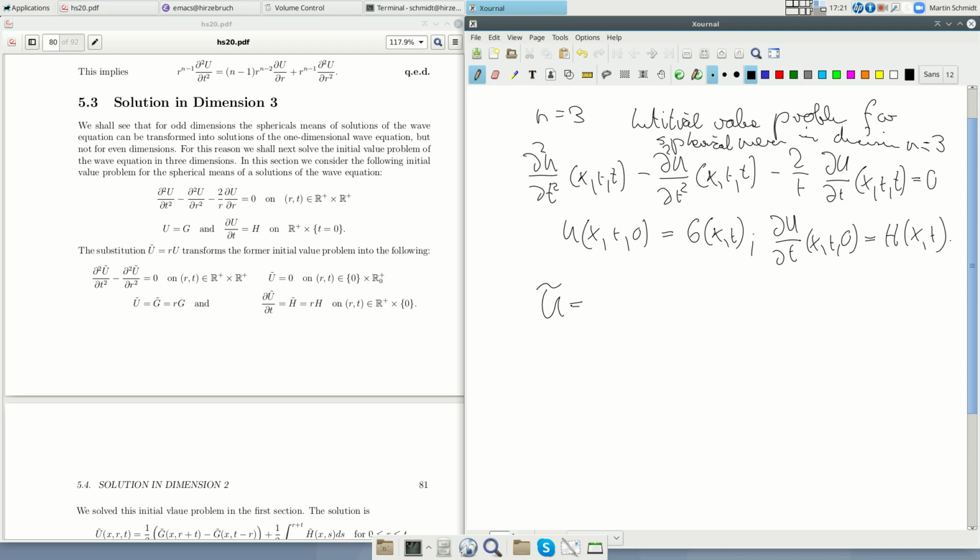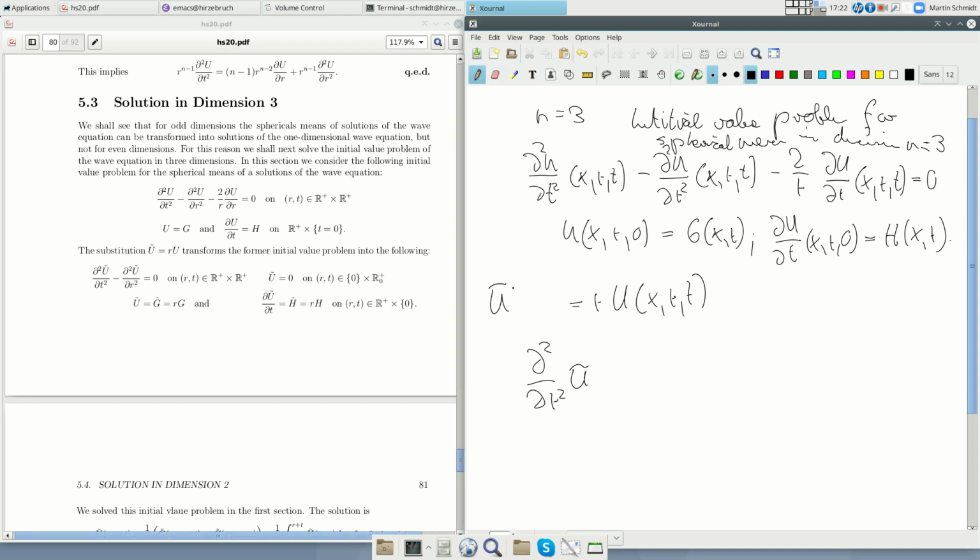u tilde is just r times u of x, r, and t. Now what happens if we take the second derivative, d square by dr square of u tilde of x, r, and t.